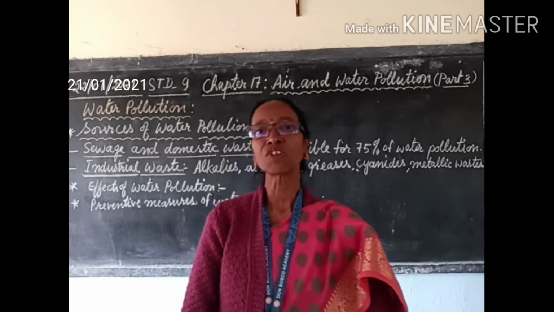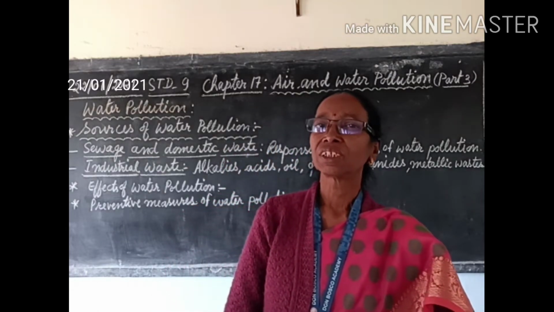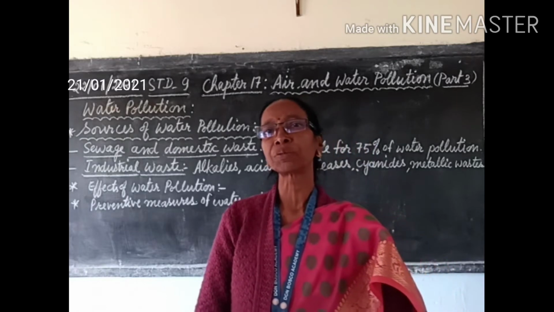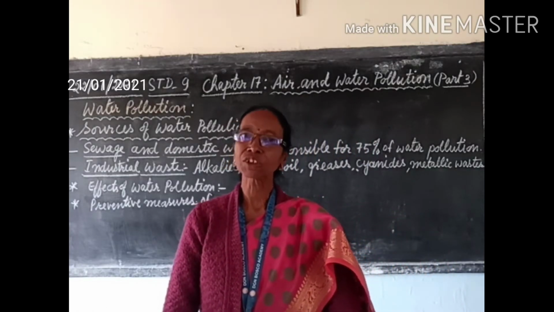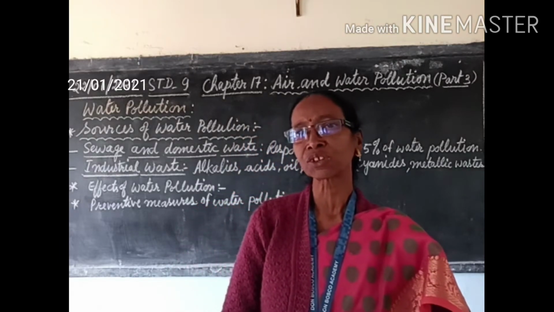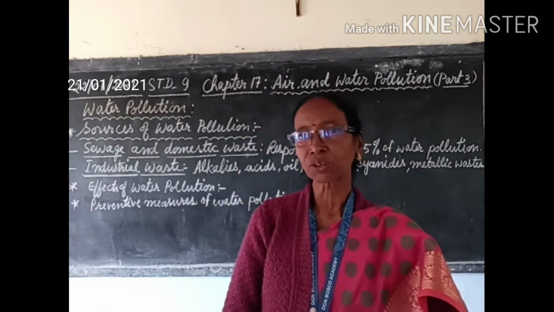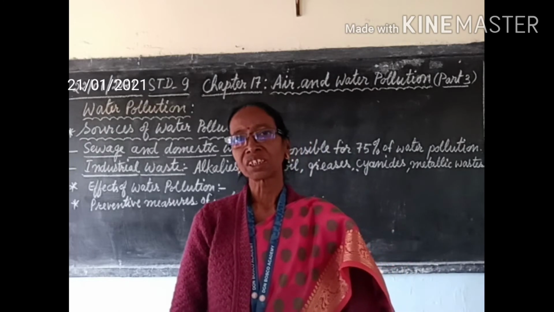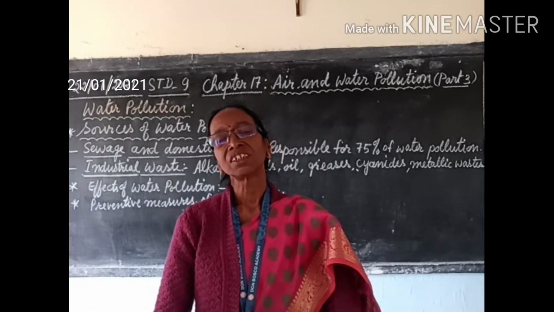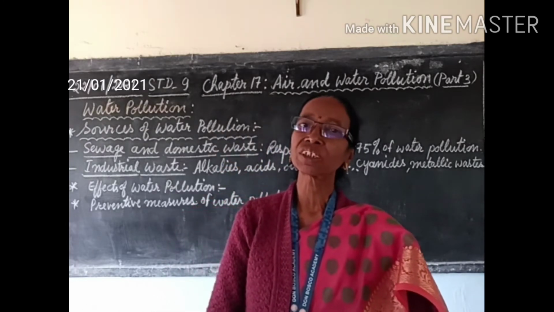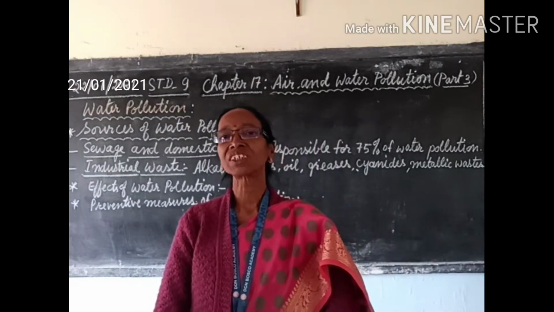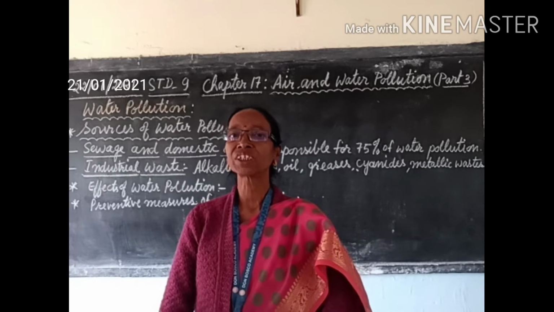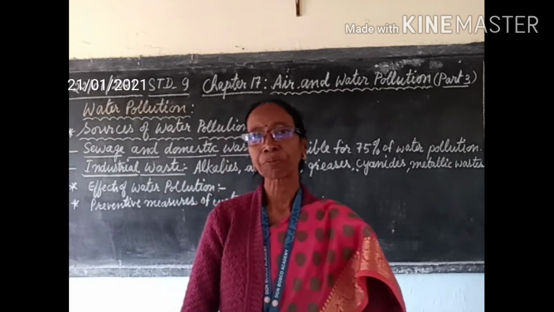How? When rainfall occurs, the waste material which is dumped on the open surface, passing through that water, reaches the large water bodies or surface water bodies. So that contaminated water reaching the water bodies also makes water polluted and contaminated.